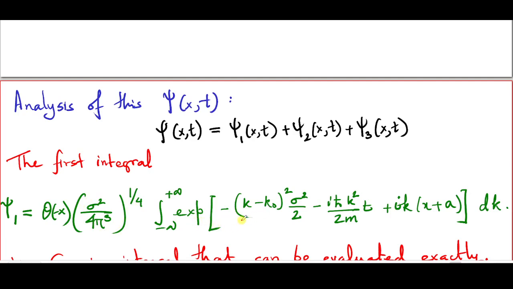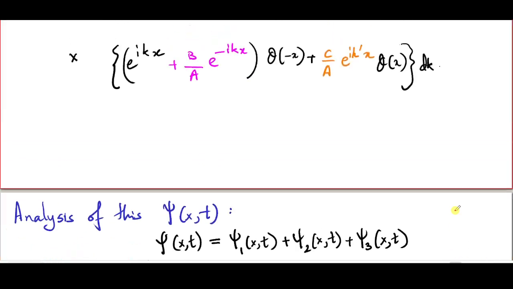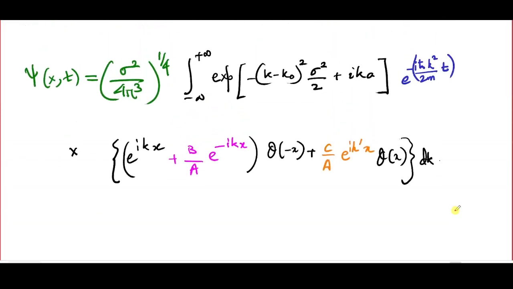Then you have an exponential of minus k0 whole square sigma square by 2 minus ih cross k square by twice mt plus ik x plus a. The plus ikx plus a comes from these two terms.